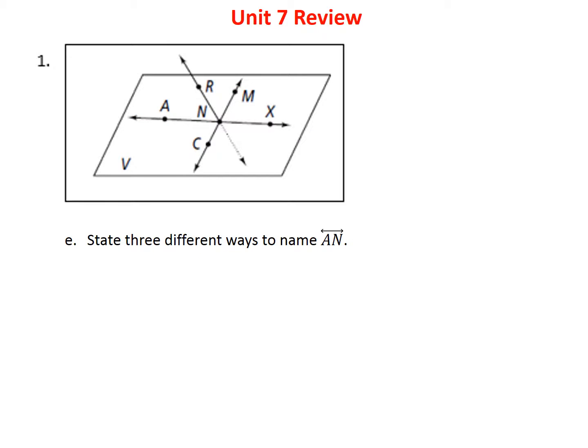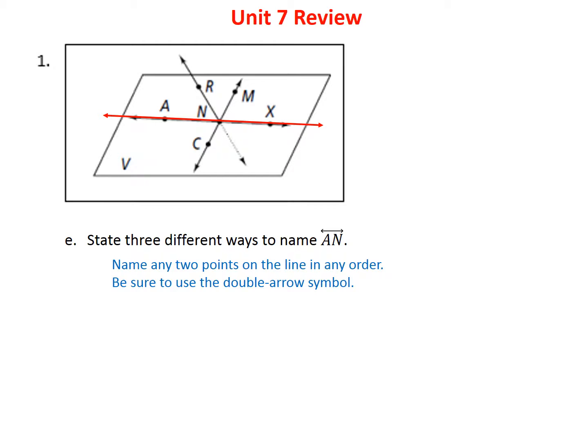Problem 1e asks us to name 3 different ways to name the line AN. Notice it has a double arrow indicating that it's a line. And there it is on the diagram. And remember, we can name a line because it goes in both directions using any 2 letters on the line and any direction. We got to make sure we use the double arrow symbol to make sure it's indicating that it's a line.